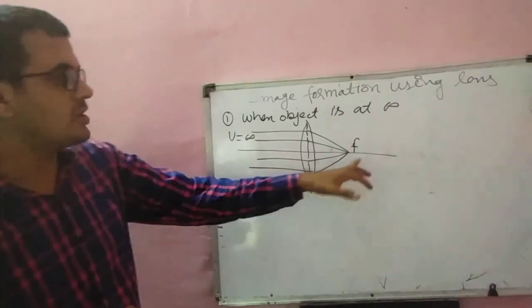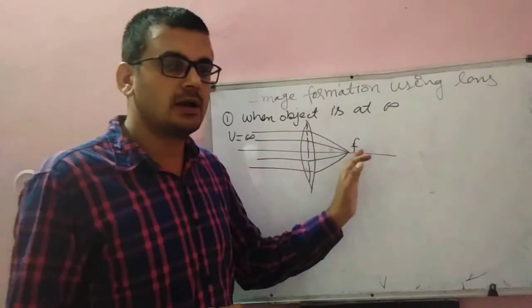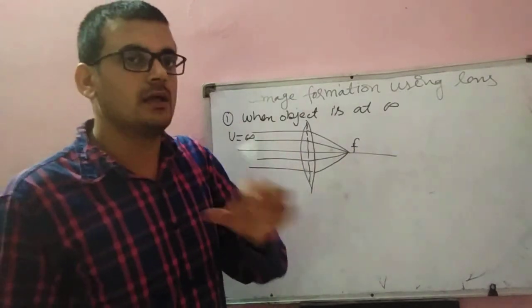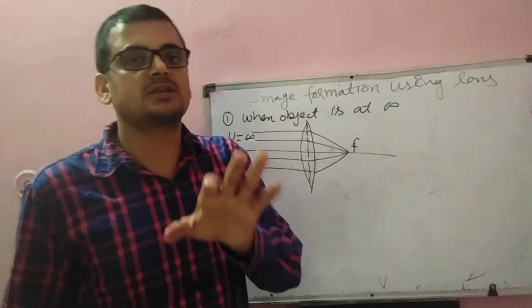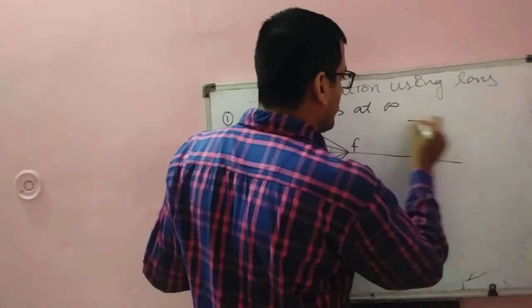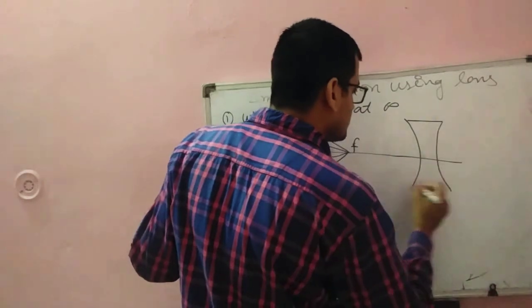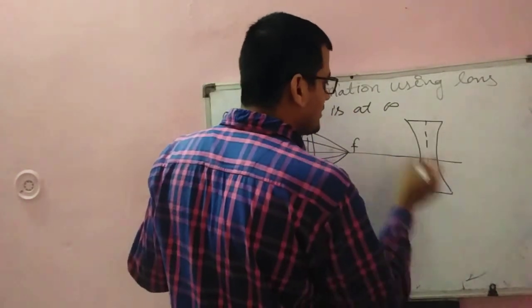So what will be the nature of image? Image will be point like, very small, real, and inverted, real, but point size, very diminished. Okay, but how will you draw it for concave? This one is concave.